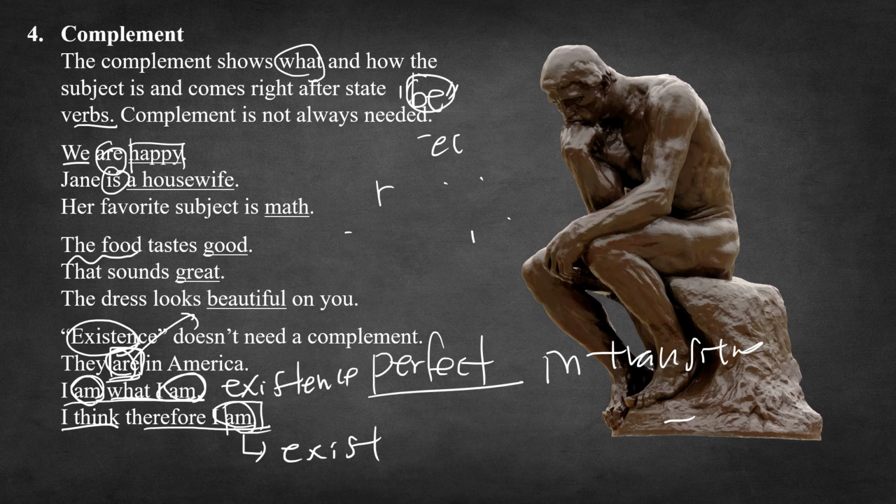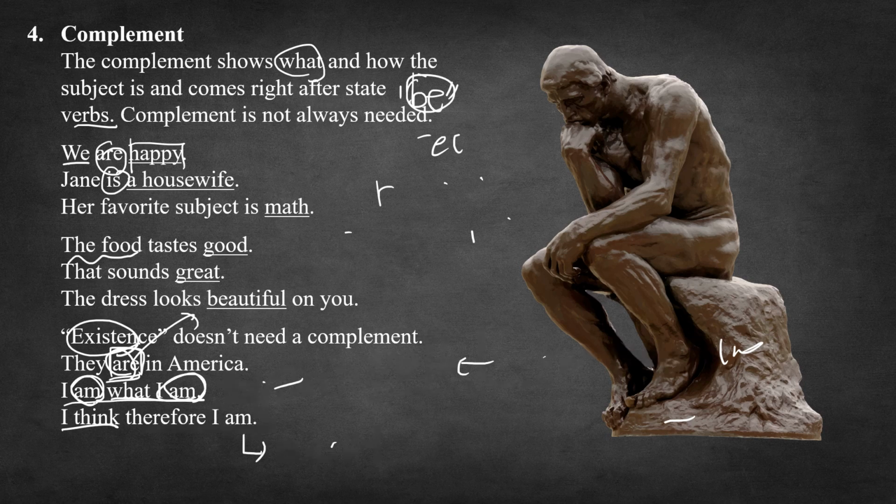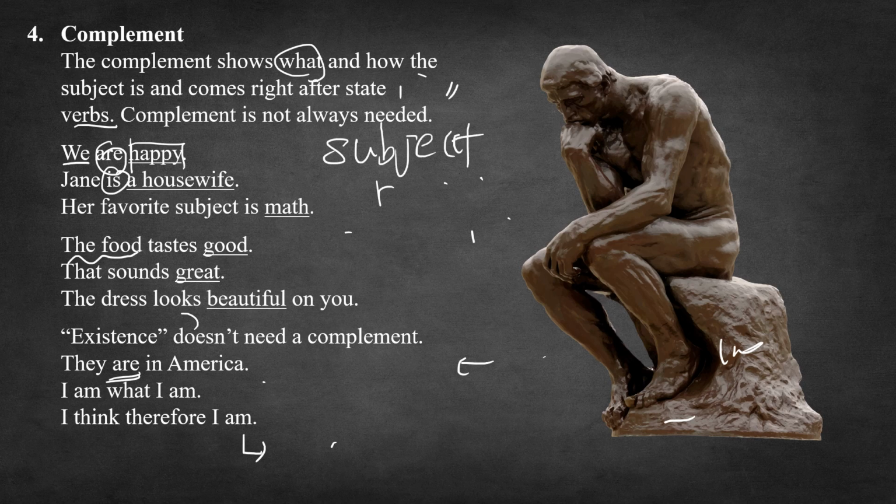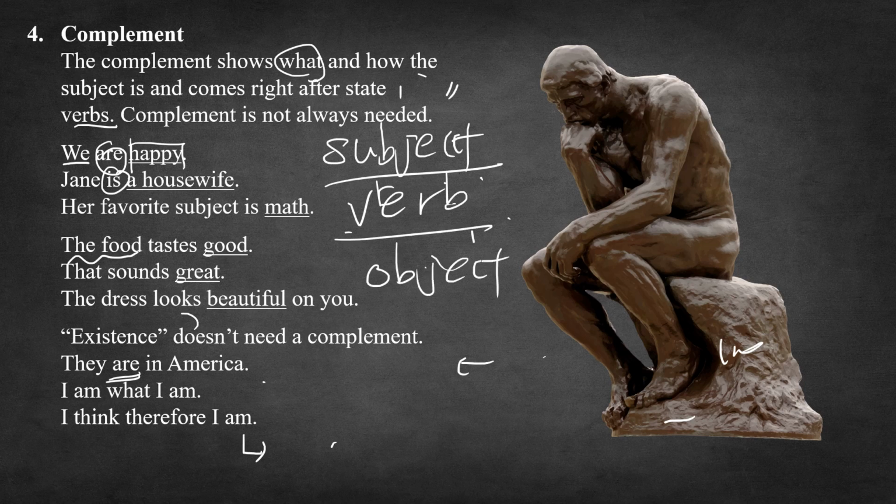Okay, we have just studied the four elements of a sentence. Whatever the sentence is, there are two things you need. The first one is the subject. You need a subject, and you need a verb. Object and complement, they are optional.